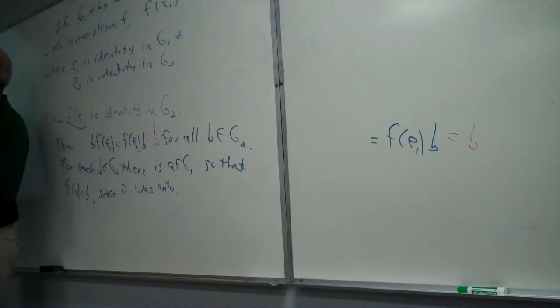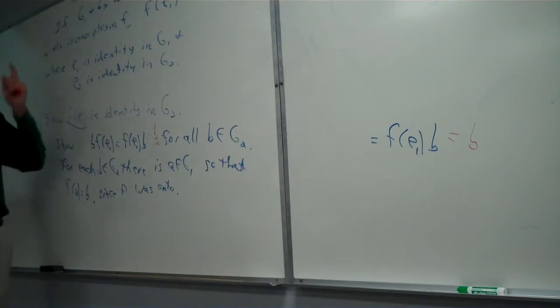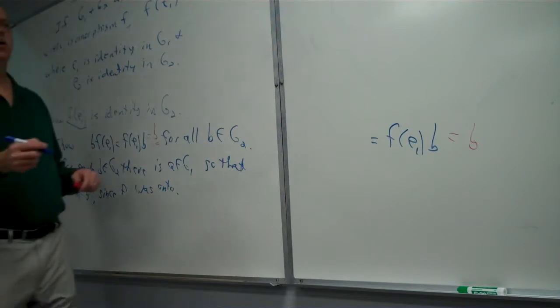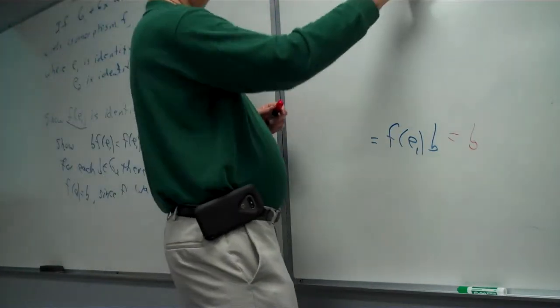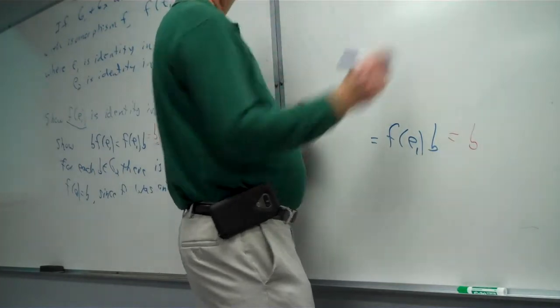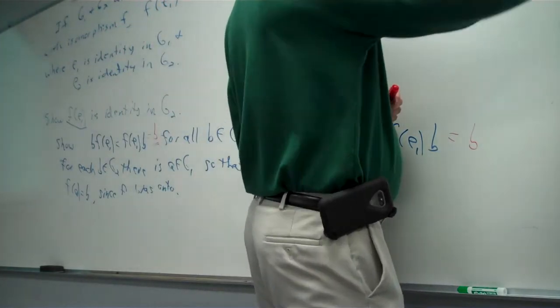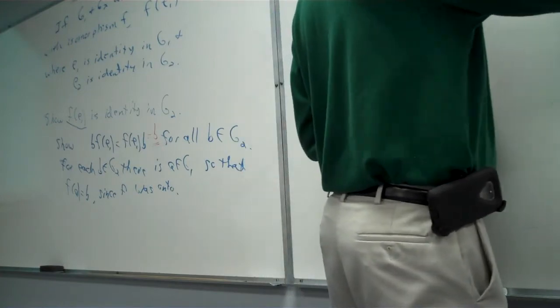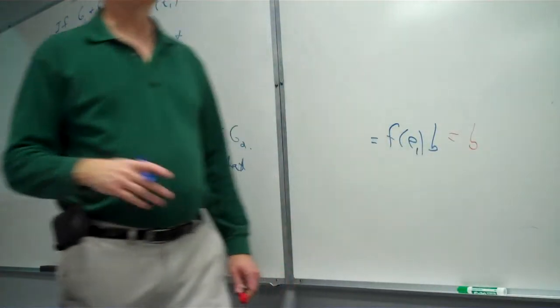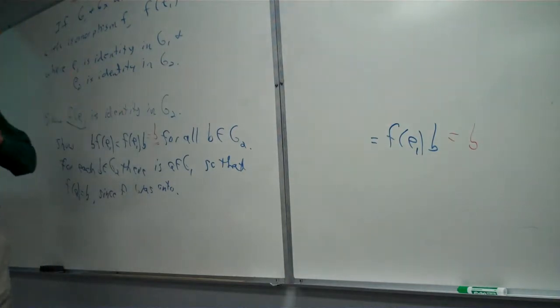If we've got an isomorphism that preserves the operation, we can either map things first and then combine, or we could combine first and then map. Since F is an isomorphism, either order of doing that operation is the same.